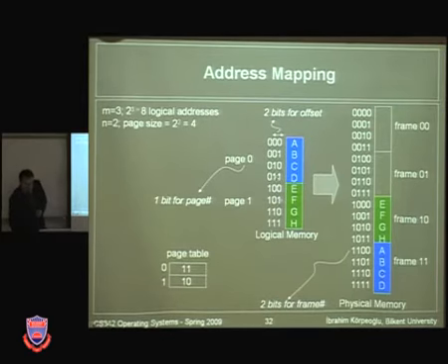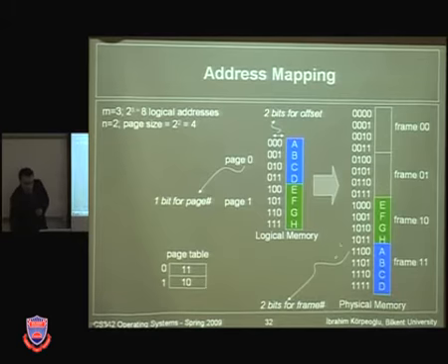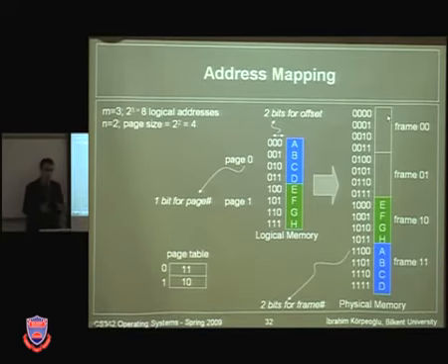So in those logical addresses, this most significant bit indicates what? Page number, and these two least significant bits indicate the offset inside that page, okay? Then, for example, consider the frames, and the frame size is equal to the page size, right?